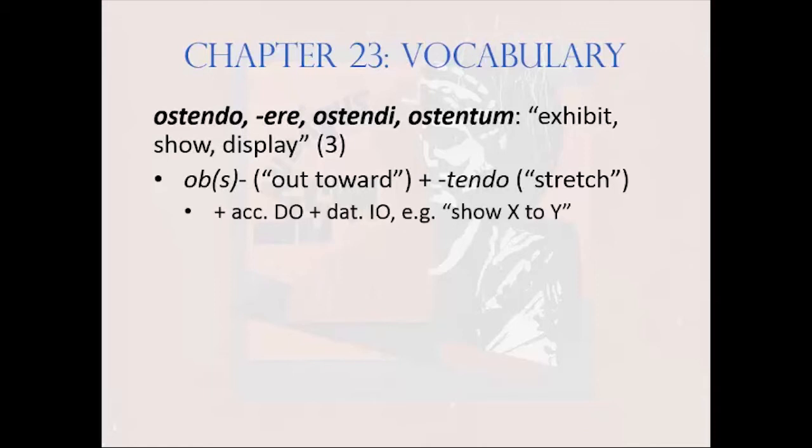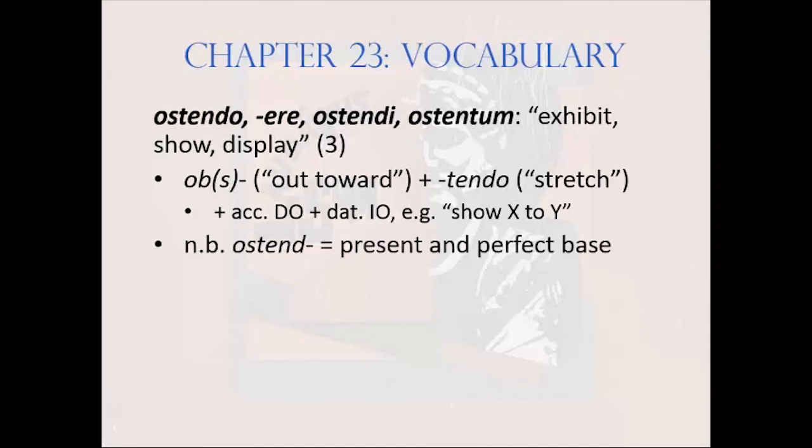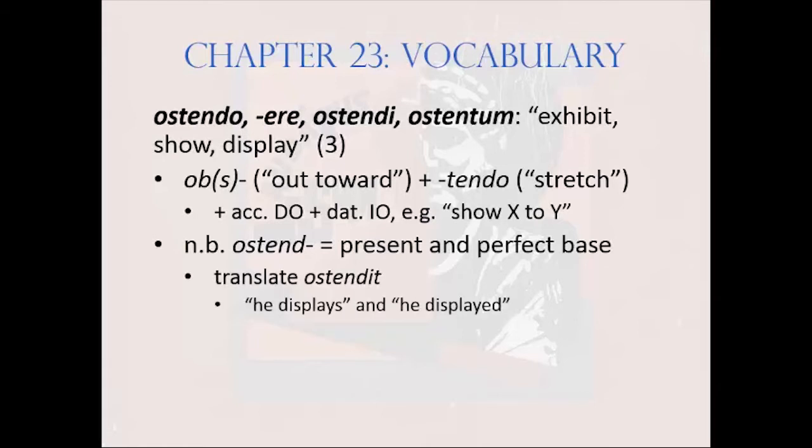Thus, this verb takes both an accusative direct object, something, and a dative indirect object, someone or to someone. Another thing to note about this verb is that the present and perfect bases are the same, which in certain forms can cause confusion. To wit, translate ostendit. It's either he displays or he displayed or has displayed.